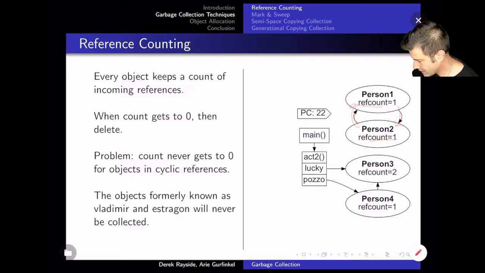And then if we look at our second set of objects, Otso has ref count of 1 because it's only connected this way, and Lucky has a ref count of 2. One is from this assignment when it was assigned to Lucky, and one is from this assignment when it was assigned to the friend field.